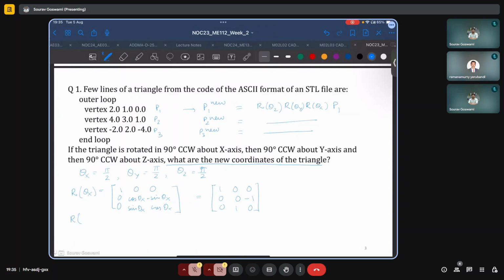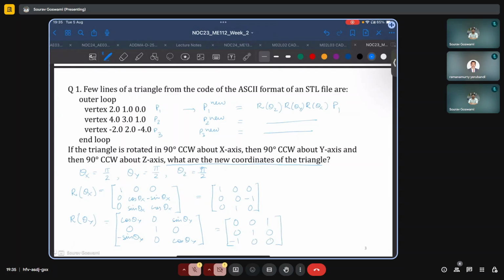Similarly, for theta y, the general formula is cos theta y, 0, sin theta y, 0 1 0, and minus sin theta y, 0, cos theta y. If we plug in the value of theta y equals pi by 2, this will come out to be 0 0 1, 0 1 0, minus 1 0 0.